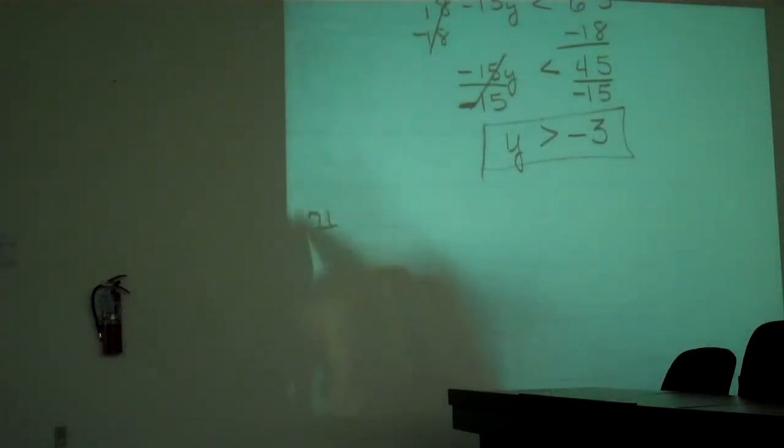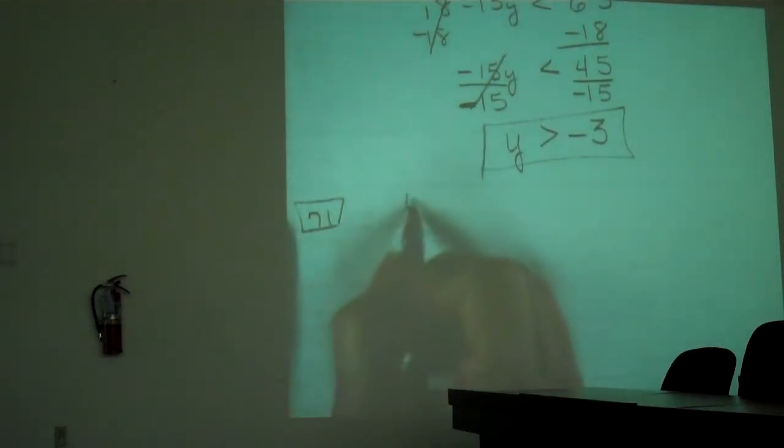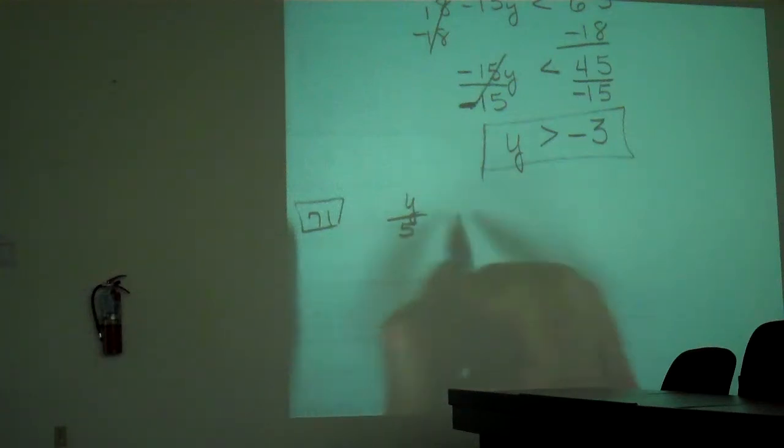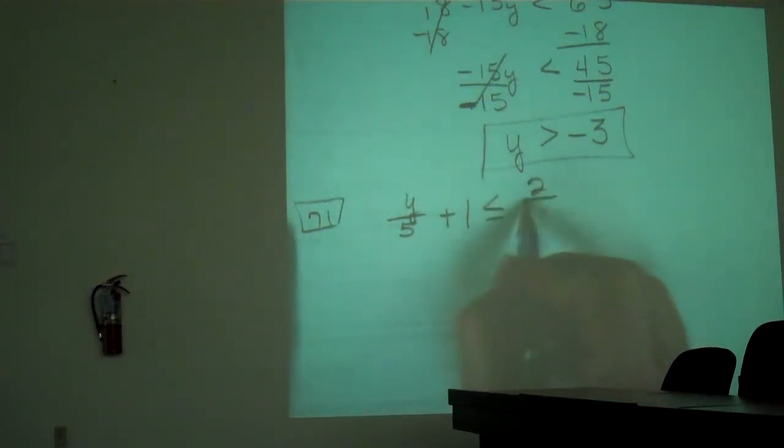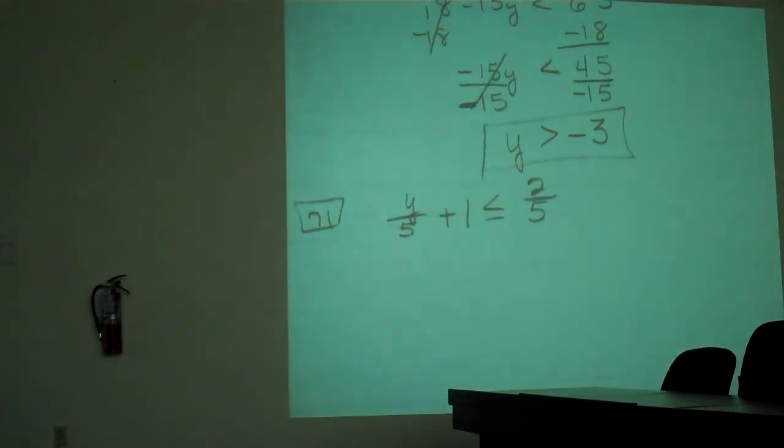Okay, 71 on the same section is y over 5 plus 1 is less than or equal to 2 over 5. You can play with fractions if you'd like. If you don't like fractions, the easy way to get rid of fractions is multiply every term by the common denominator.